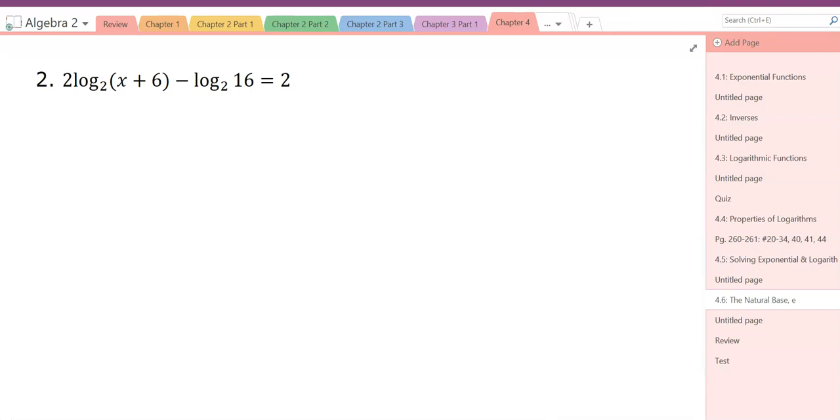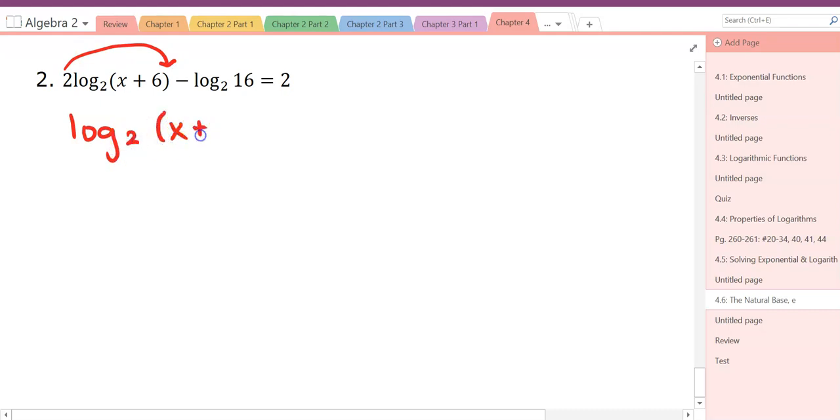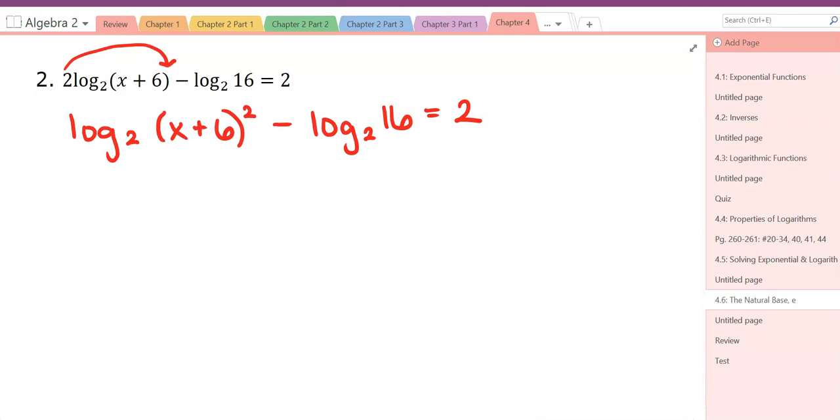So the first thing that I did was move this 2 so that it became an exponent. So it's the quantity x plus 6 squared, and then minus log base 2 of 16 equals 2. This one has a subtraction sign, which means that we're going to divide.